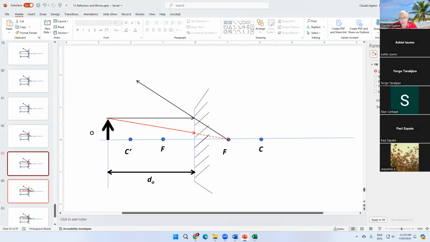Next, our second light ray is going to be the one that goes towards the focal point. Here you go. See, it's going towards the focal point, but once it's incident at the surface of the convex mirror, it is going to be reflected parallel to the axis.